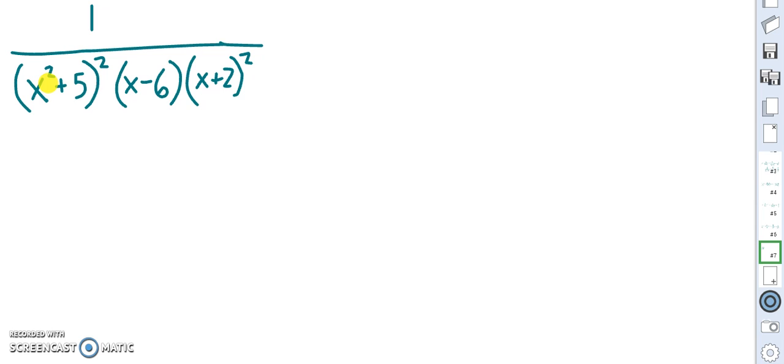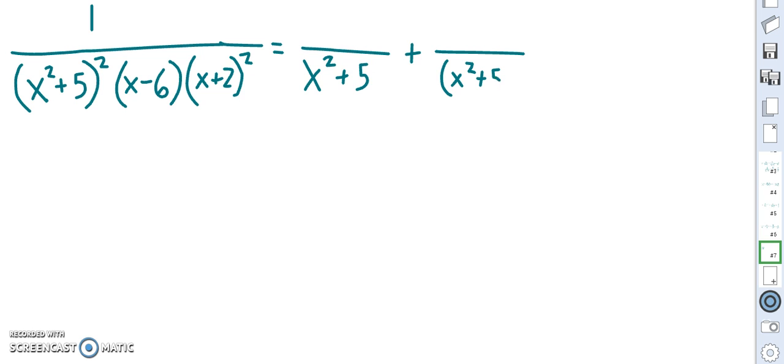Let's just try this one more. Certainly you should be throughout this whole video, but even especially at this point, pause the video. Try to write how you would set this up. Then hit play, see if you're right. X squared plus 5 squared is to the second power, so it is going to appear in two different terms. The first time it will appear as x squared plus 5. The second time it will appear as x squared plus 5 squared.